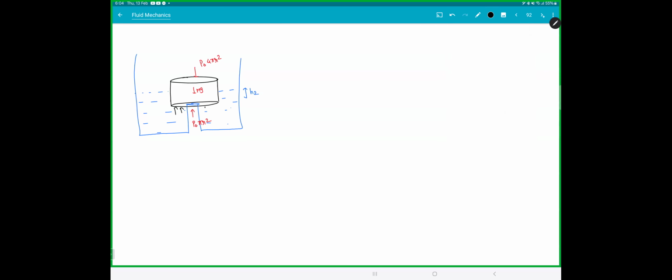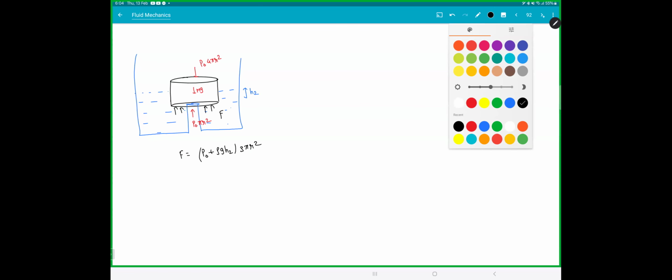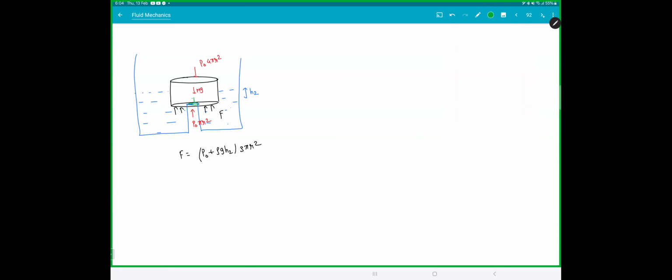The force F will act on the 3 pi r square area. F will be P naught plus rho g h2 into 3 pi r square. Since you're sitting on that platform here, there is also normal reaction. So technically, the 5 forces are there.